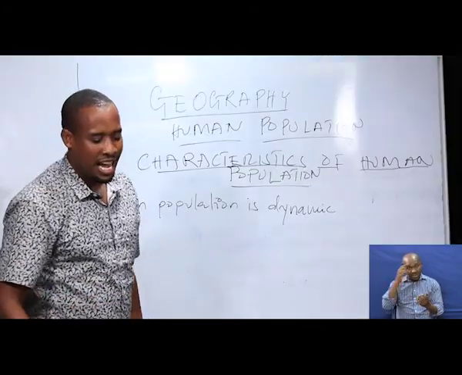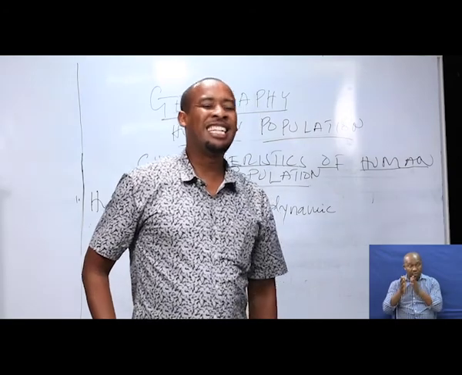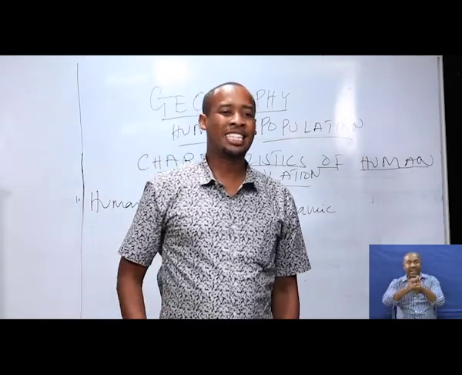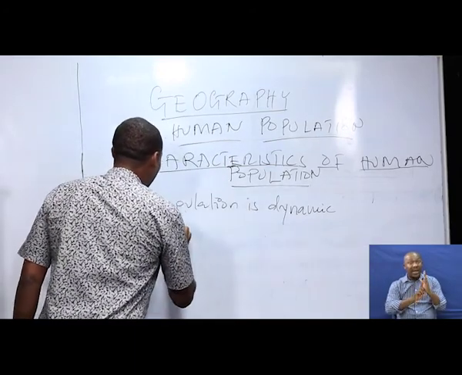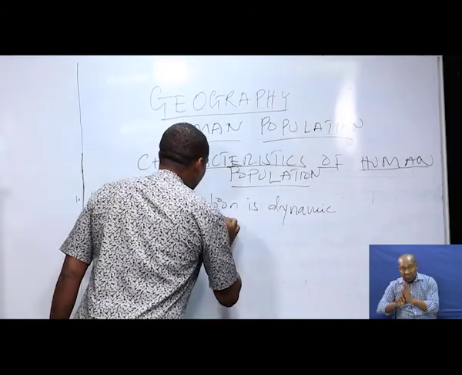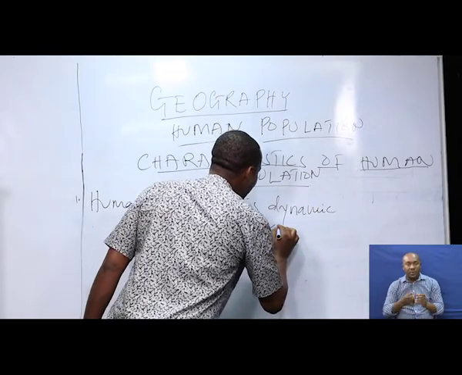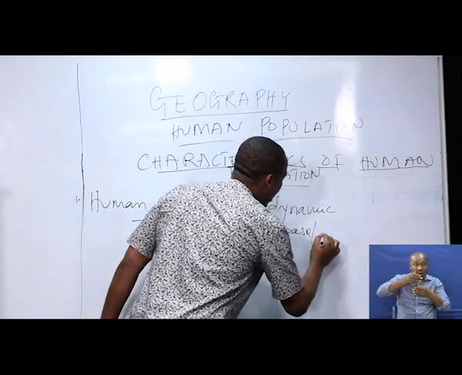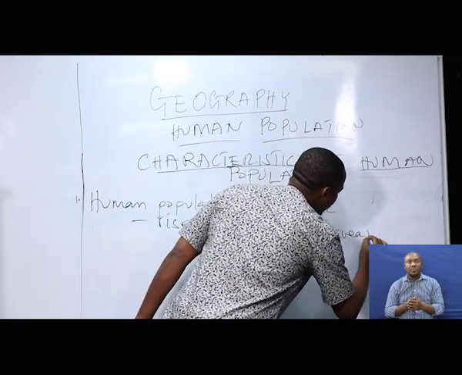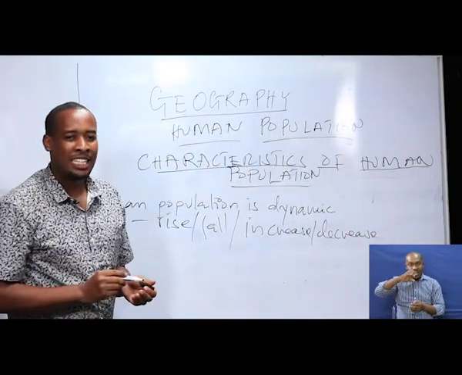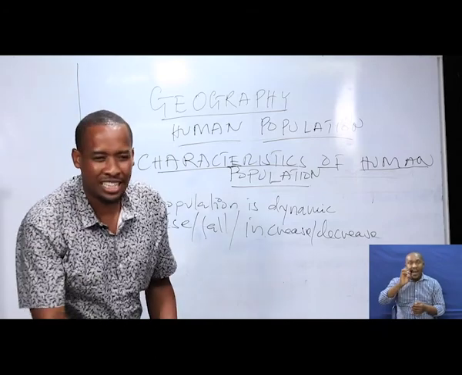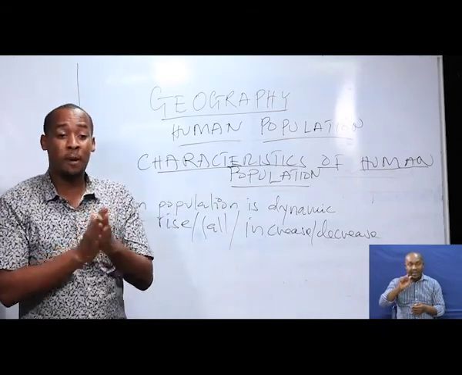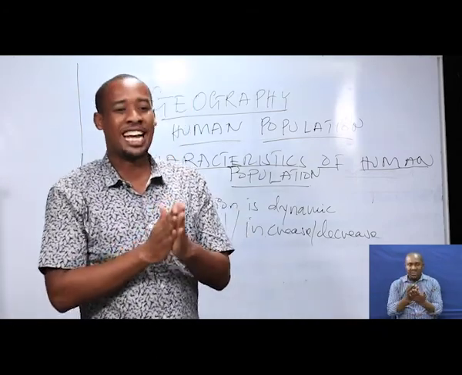That means human population changes over time. It can rise, or it can fall. It can increase or decrease over time. So it varies. That means it's not constant, it's not static. The human population, my friend, is not static.